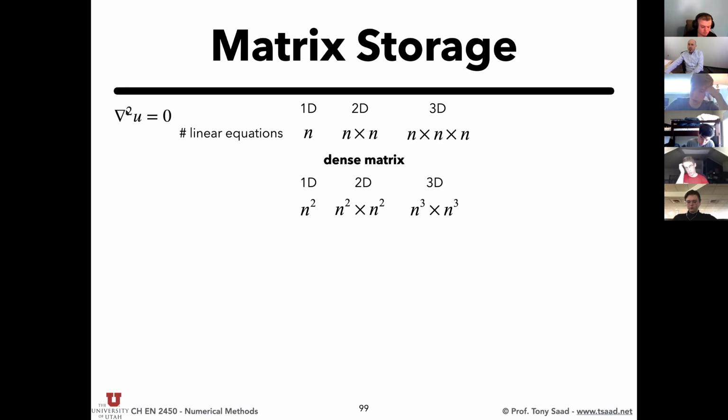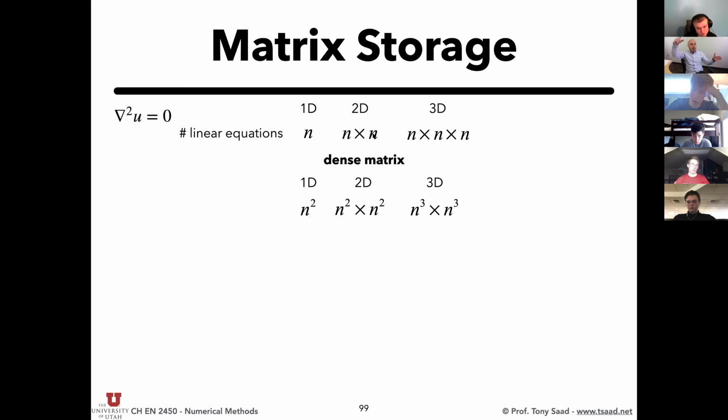Now, the discretization of this equation, the same way we did the heat transfer problem, we can turn this continuous equation into a set of algebraic equations that relate different points to each other. In 1D, you have n points. In 2D, you have n by n, right? It's a 2D plate. Think of a plate being heated. In 3D, you might have like a cube where you're doing n by n by n points, okay?